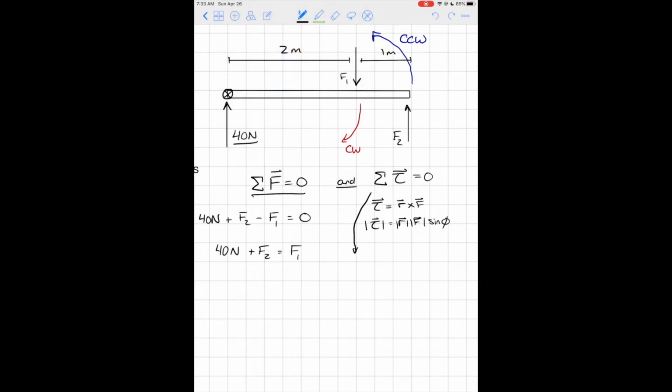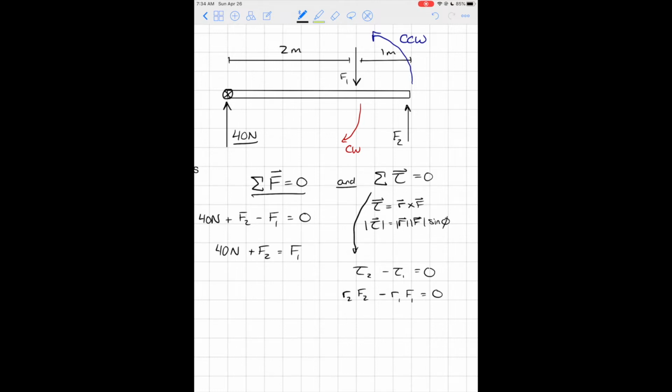So if I sum up my torques, I'm going to think about torque 2 minus torque 1 equals 0. That's how I'm going to set this up. So now I can just say R2 F2 minus R1 F1 equals 0.